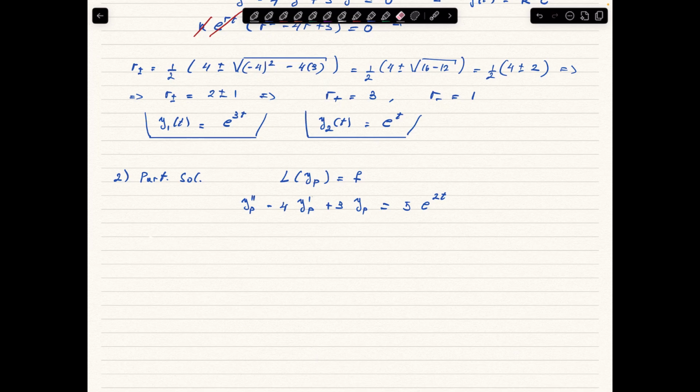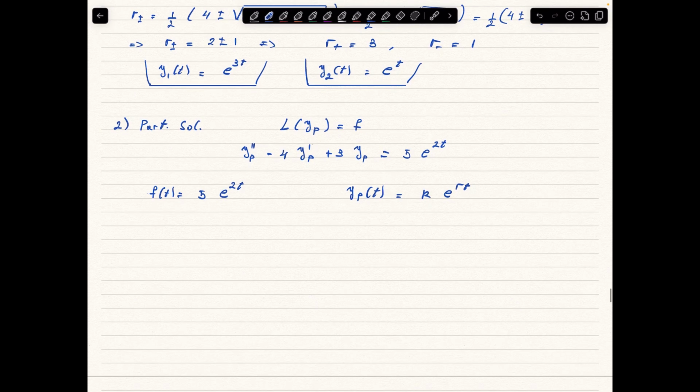So in this case, we have f of t is 5 exponential 2t. And now we are going to guess something of the form, like before, k exponential rt. Let's put that into the equation and see what we get.